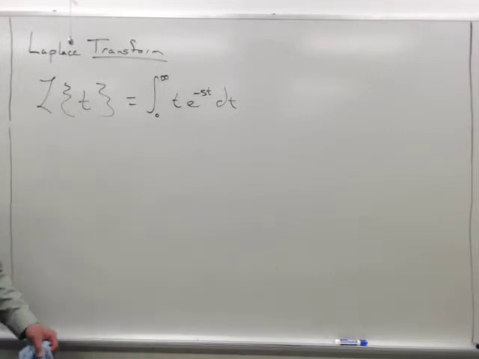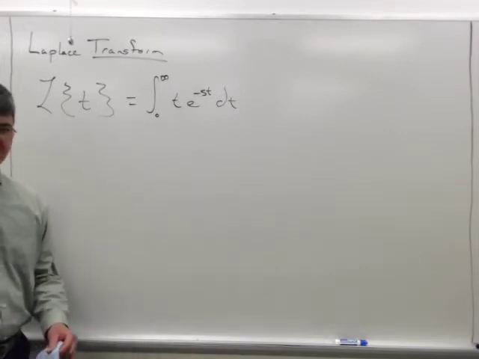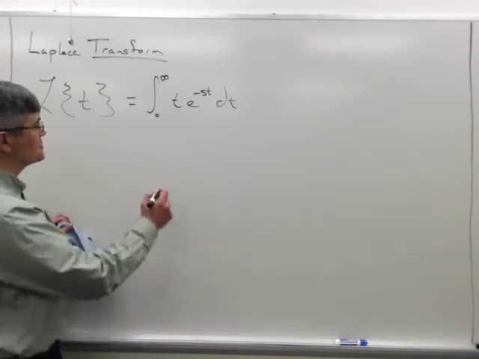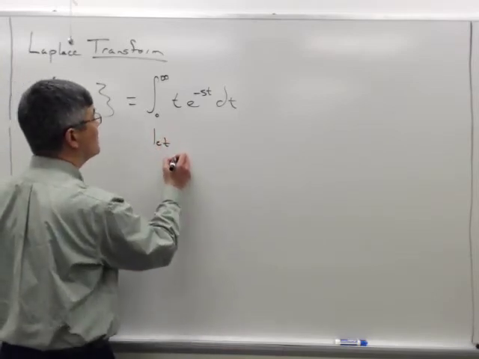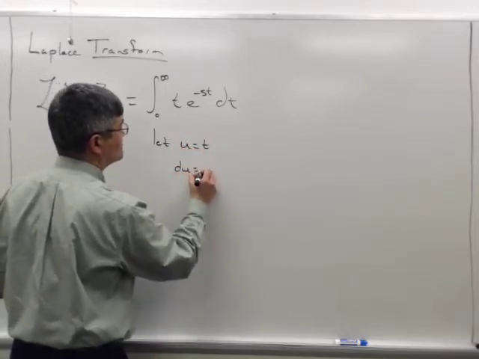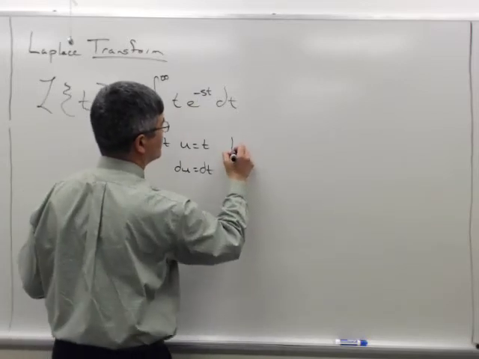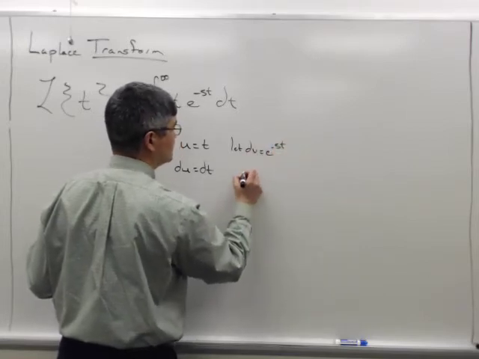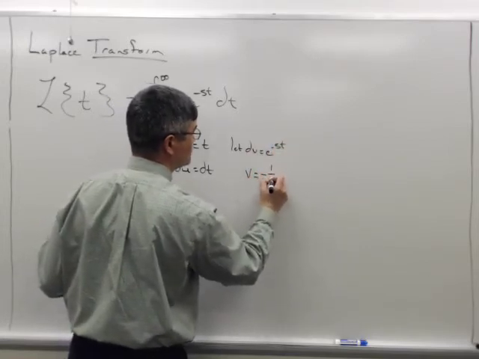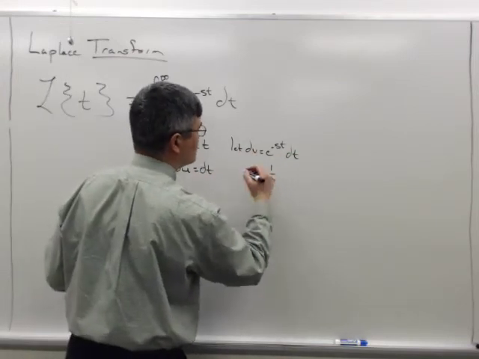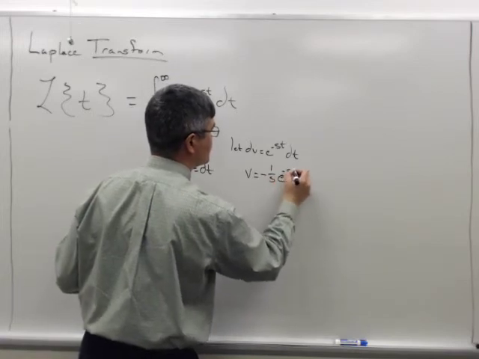Either you remember how to integrate it, or what technique of integration do you use? By parts. Yep, this is integration by parts. So you let u equal t, so that du equals dt, and let dv equal e to the minus st dt, so that v becomes minus 1 over s e to the minus st.